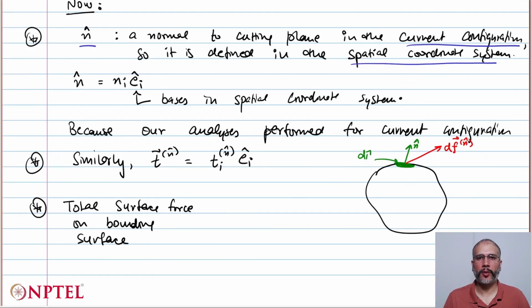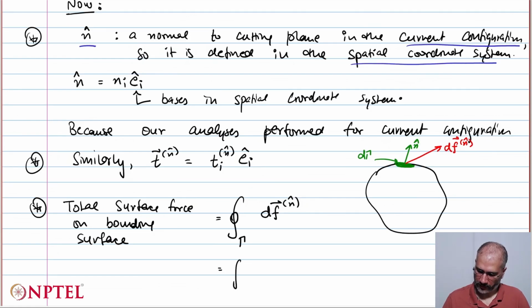Then we can define the total surface force on the bounding surface as the integral of this infinitesimal force df, which is acting in the n hat plane, and this we integrate over the total surface area, and this is a closed integral because it's an integral over the bounding surface.